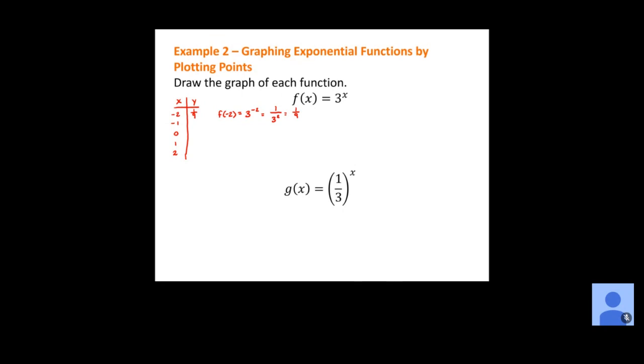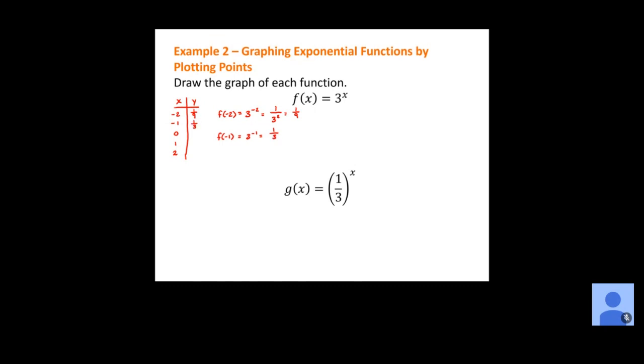Now we're going to go through and do the same thing with all these other points. So I need to find f of -1. That's 3 to the -1. And so what would that give us? Good. So it's going to be 1 over 3 to the first power, so just 1/3.